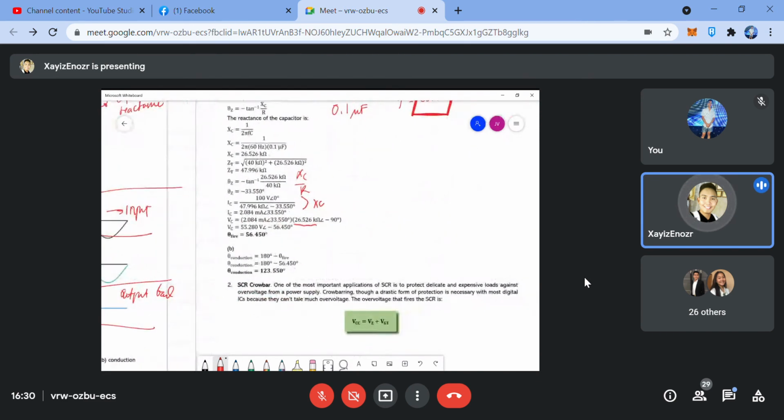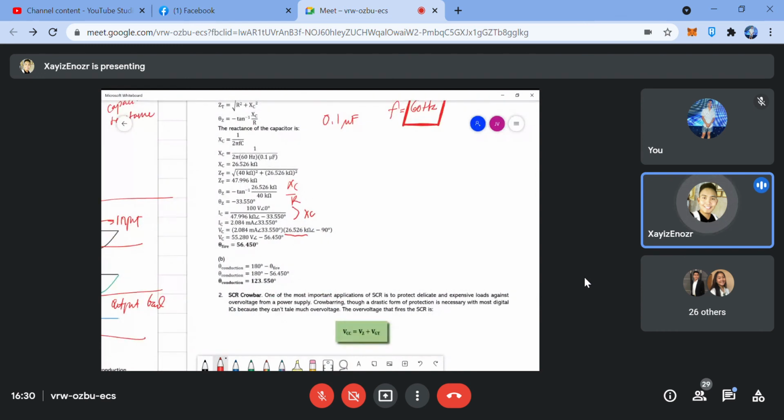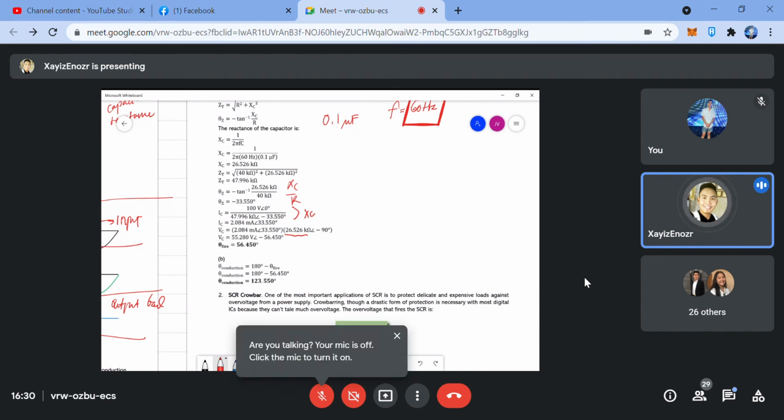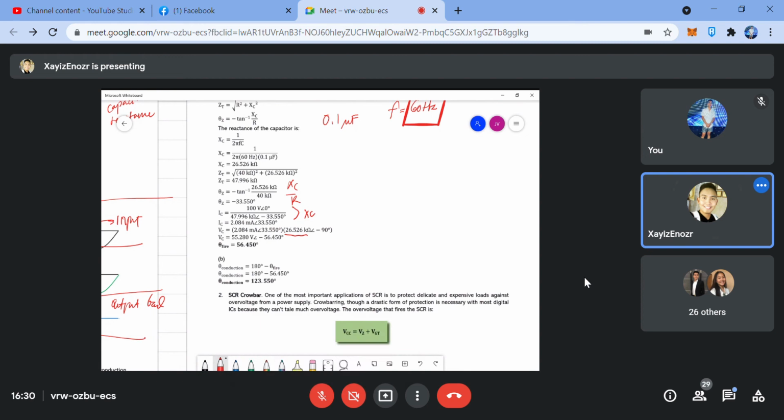So therefore, sa multiplication naman ng polar form, multiply mo lang yung parehong magnitude, 2.084 milliamperes times 26.526 kilo ohms. That will be 55.280. Then, 33.550 plus negative 90, that will be negative 56.450. Okay.